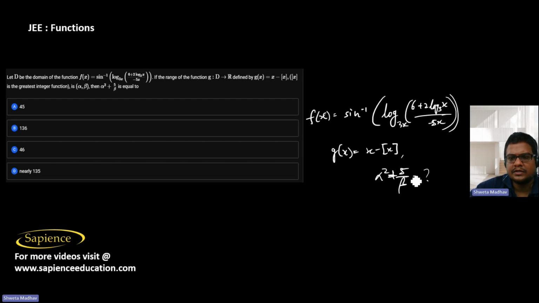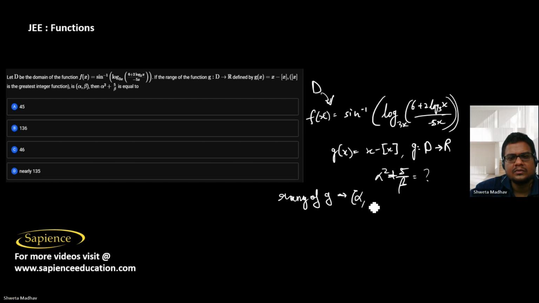So alpha square plus 5 by beta value we have to find out. D is the domain of this function and g maps from D to R. So the range of g has been told, that is equal to alpha to beta.